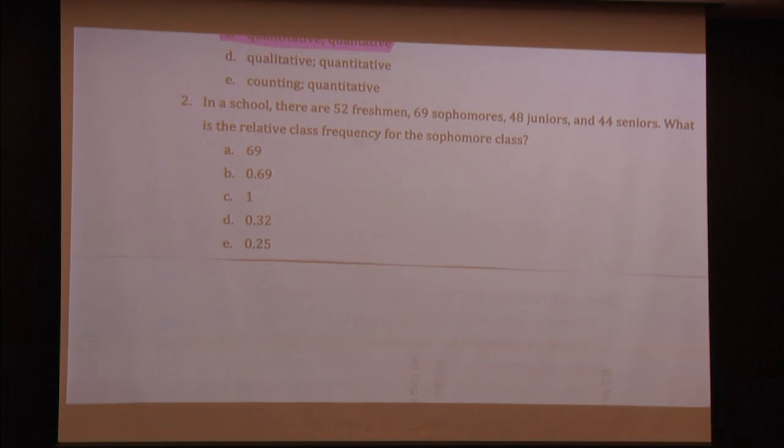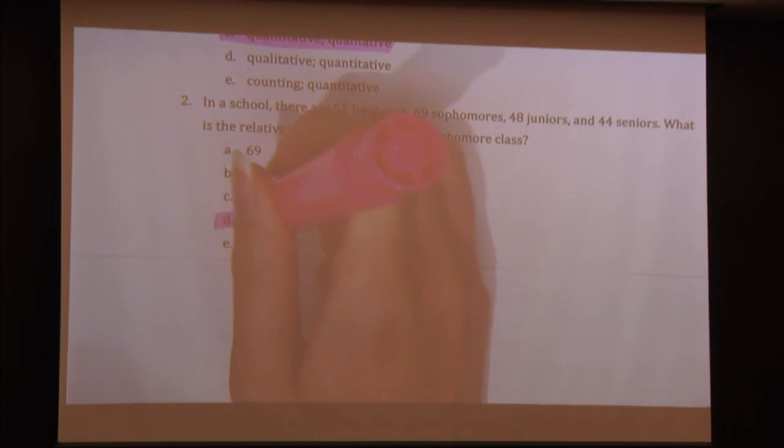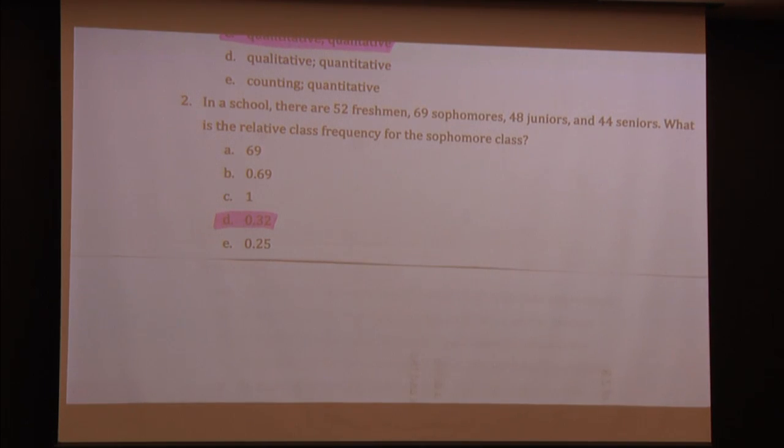Okay, so what did we find for this question? I heard D, so 0.32. Can anyone say how we got to the number 0.32? Feel free to raise your hand and then speak up.